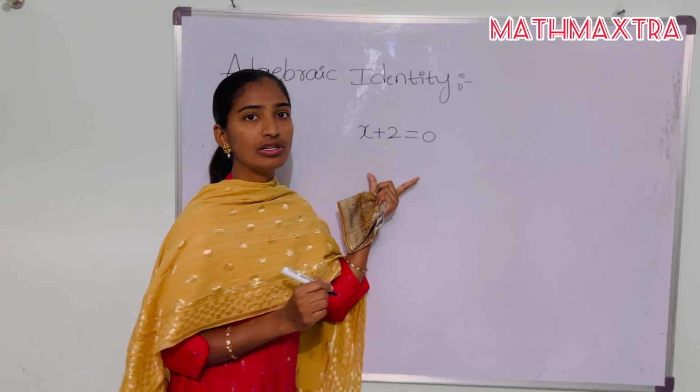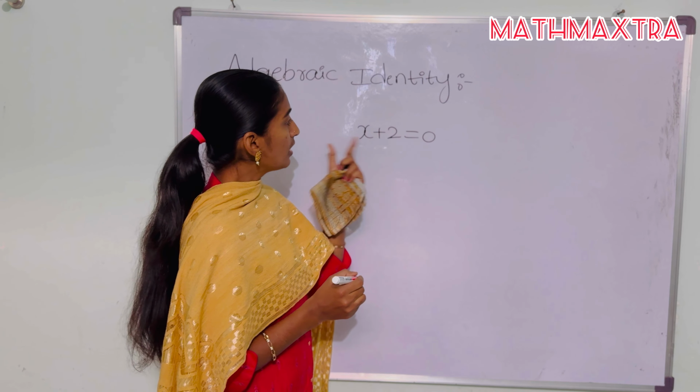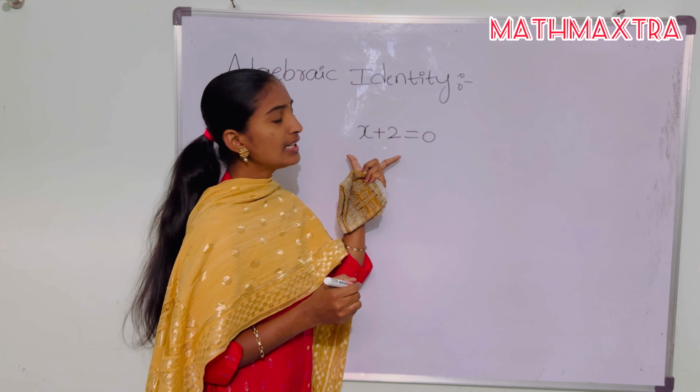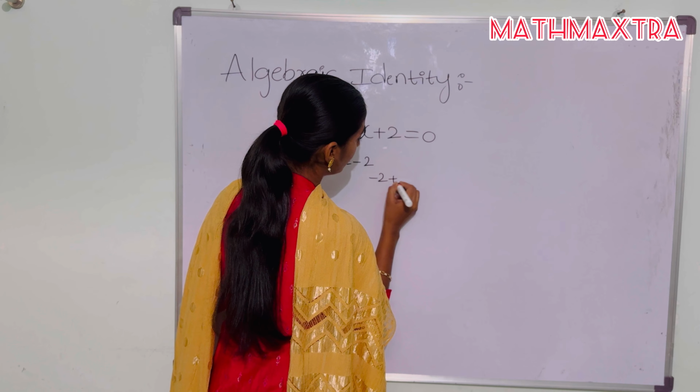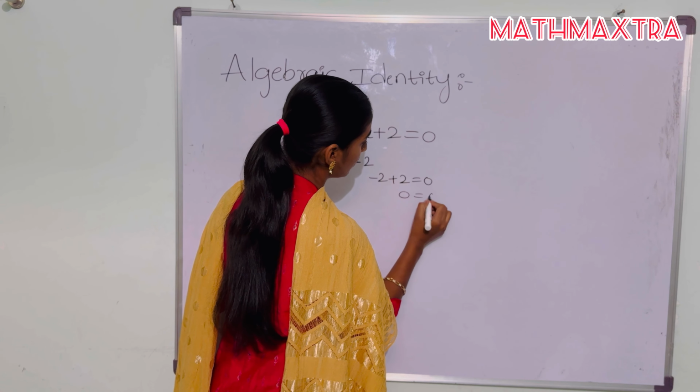This is an algebraic equation. Now tell me whether it is an identity or not. As I said, an identity must satisfy for all real values of x. Okay, I am taking x value as -2. So will it satisfy? Yes, -2 plus 2, 0 is equal to 0.